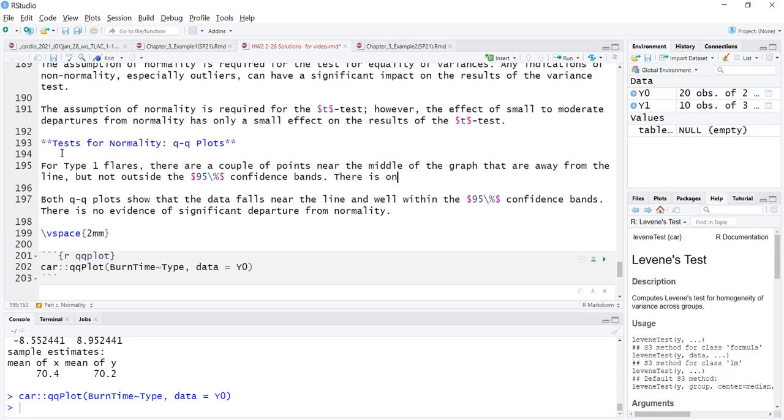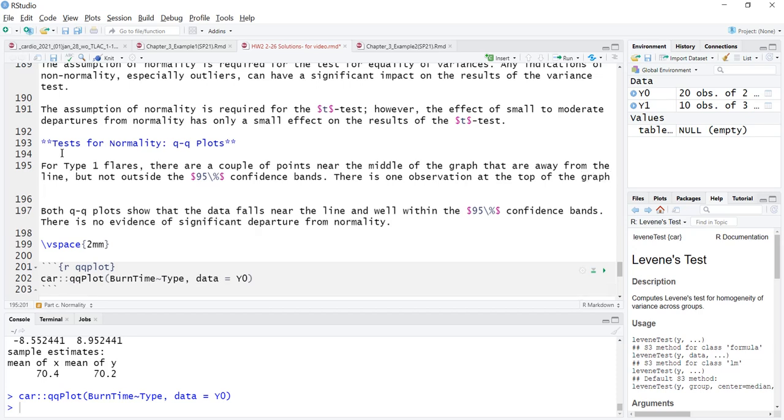There is one observation, so I'm telling you what I see. There's one observation at the top of the graph that is further away from the line.